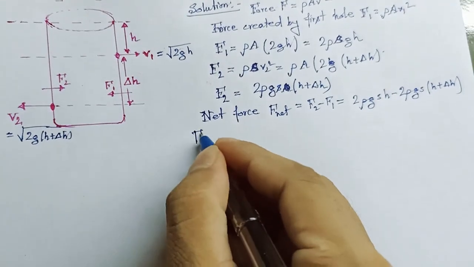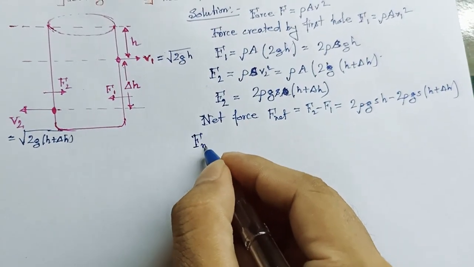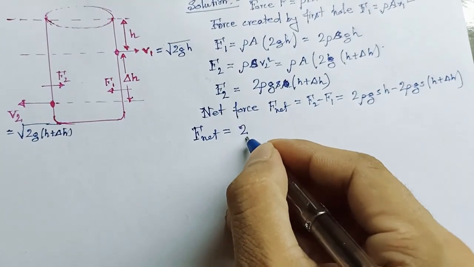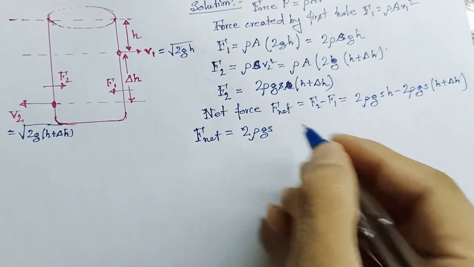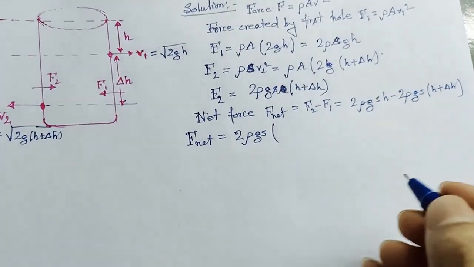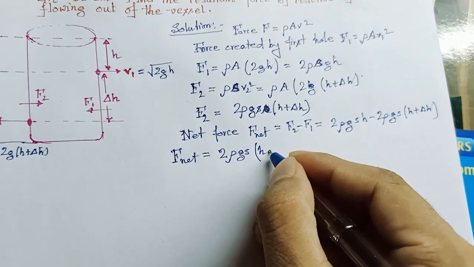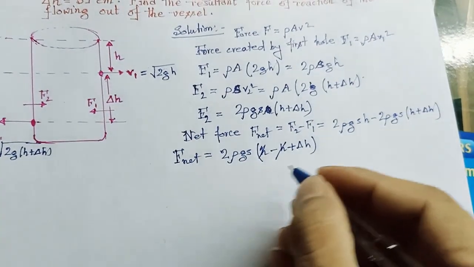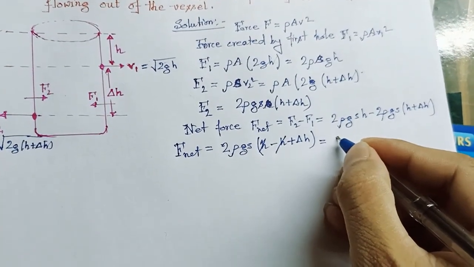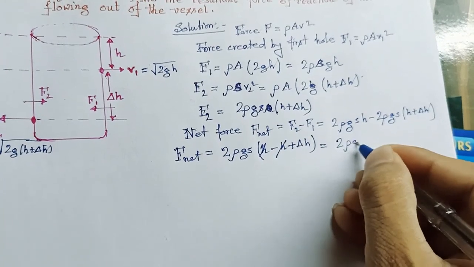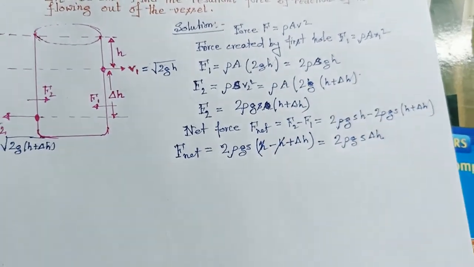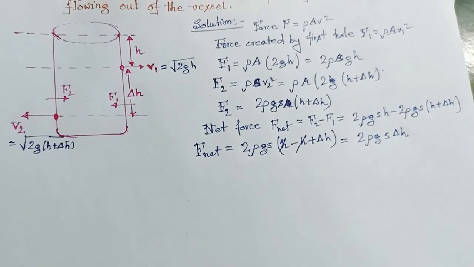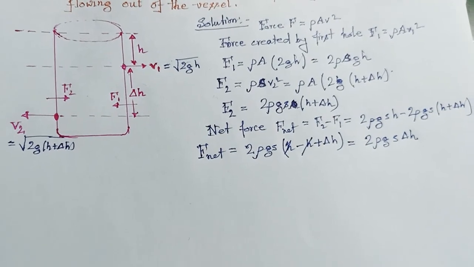So our net force exerted on the vessel will be F net is equal to 2 rho g S. We take this common, then our remaining term will be h plus delta h minus h. So this h and h get cancelled. After cancelling, we'll get the value of F net, which will be equal to 2 rho g S into delta h. So this is the required expression for finding the net force which is exerted on the vessel due to these two holes or openings.